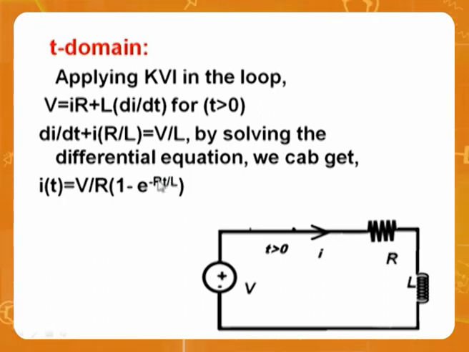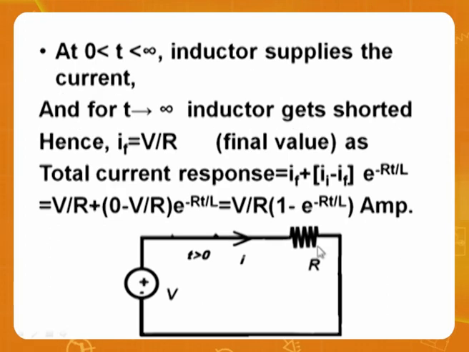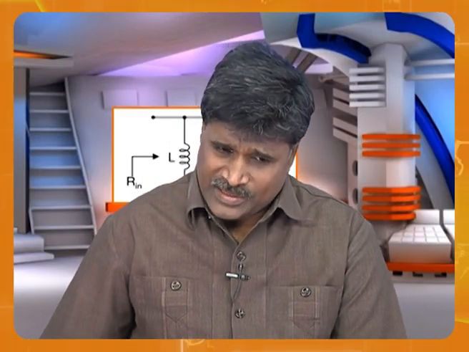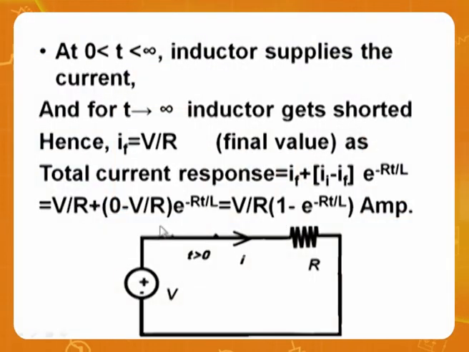So what I mean is, this V by R you can always say I. So that is the answer we got. When you got this answer, next I am taking the inspection method. You can observe inspection method, we need two values.